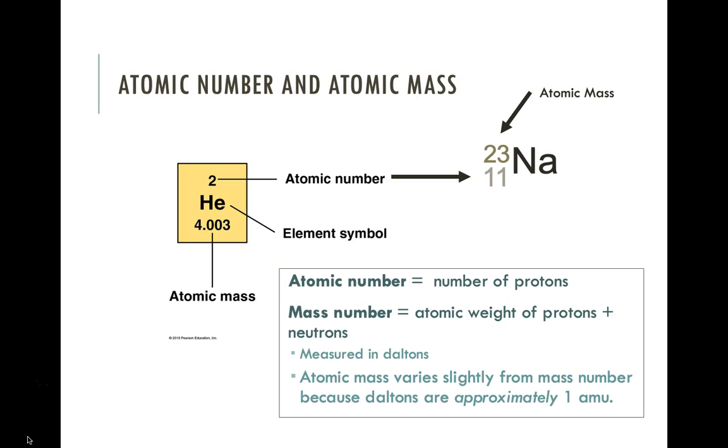And so similarly, sodium should have 11 protons if it's sodium, therefore it should have 11 electrons if it is charge neutral. Sometimes a lot of these atoms will actually lose an electron, and so they'll carry a charge with them. But if they're neutral, if they've not lost or gained any electrons, the number of electrons is equal to the number of protons.